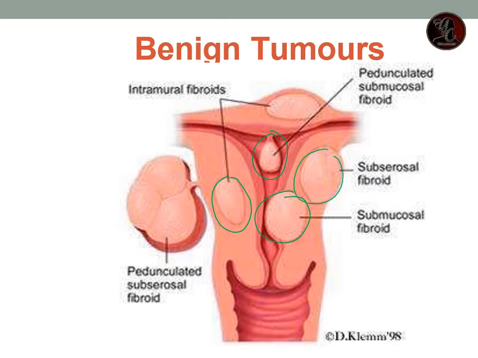They can grow inside the uterus, within the myometrium. Remember, the uterus has three layers: the endometrium, the myometrium, and the perimetrium. So we can have those outside the uterus.